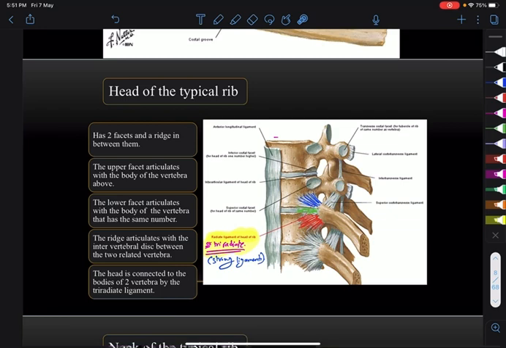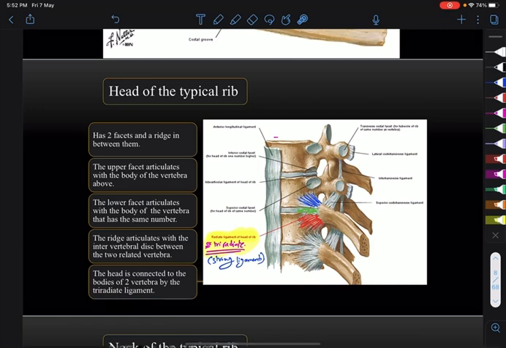So here, the head, which is the posterior end of the typical rib, is attached to the vertebral column, the thoracic vertebra. The superior facet and inferior facet and the ridge between them. There must be ligaments that stabilize this articulation. This is a very strong ligament, we call it the tri-radiate ligament.